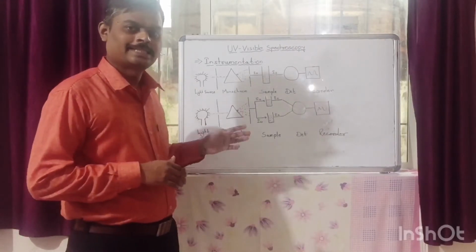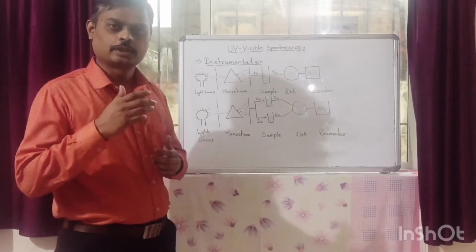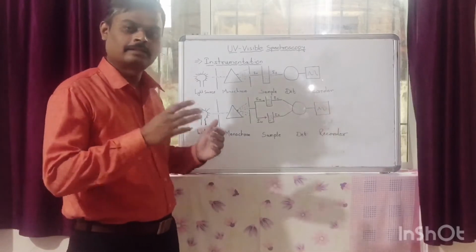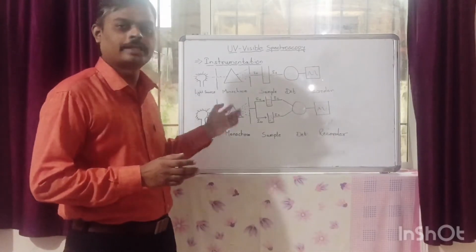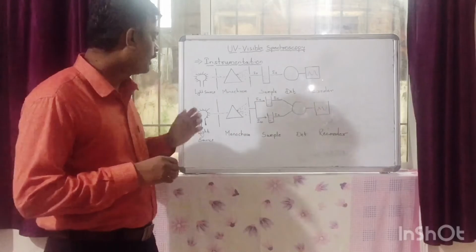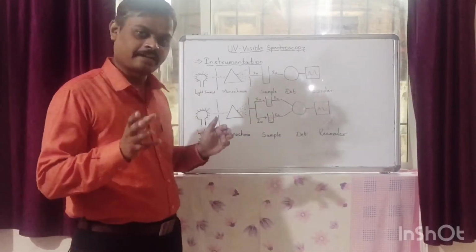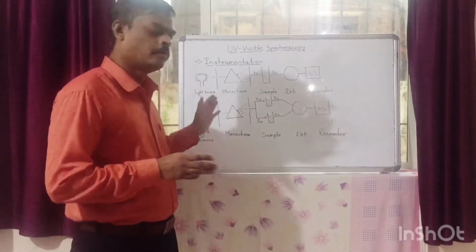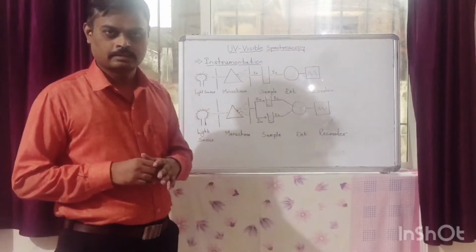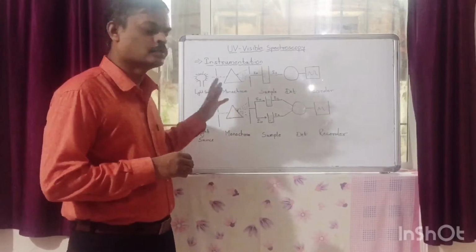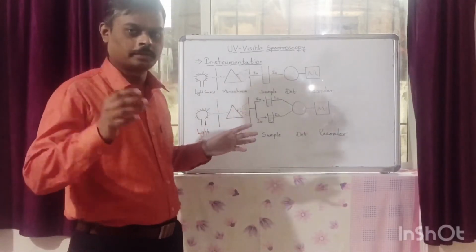The H2D2 lamp is suitable for the UV region. It emits light up to 340 nanometer, whereas the tungsten lamp emits red radiation and covers the visible region. That is, it is generally suitable above 340 nanometer.